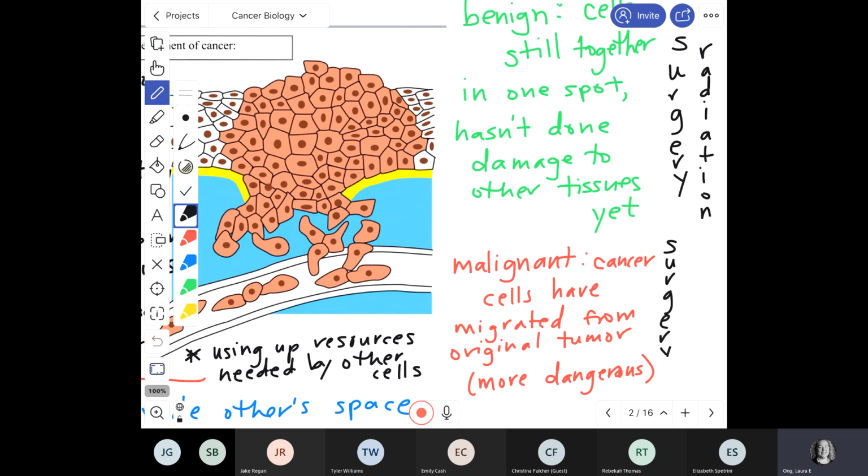But if the cells are spreading elsewhere in the body and you don't even know potentially where they went, that's when patients would need to have chemotherapy. So the difference between benign and malignant also relates to what kind of treatments people would have for their particular cancer.